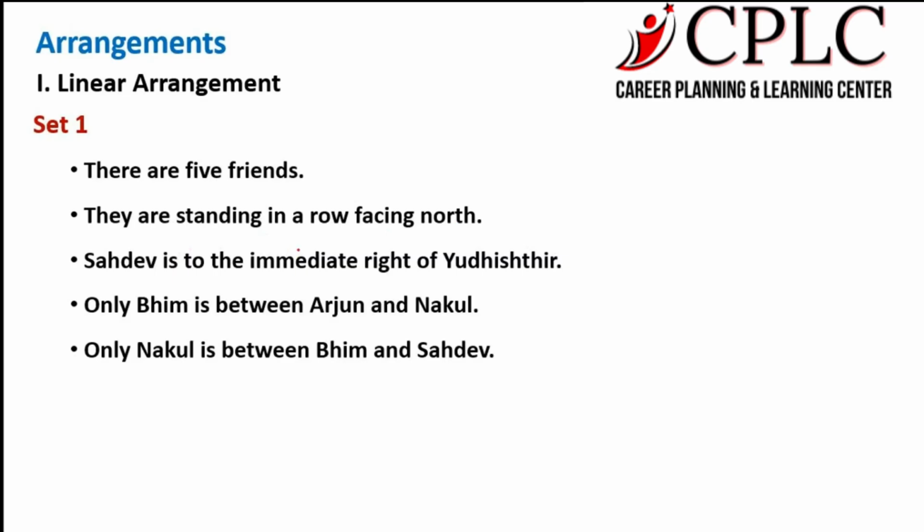The other three below that are very important to figure out the arrangement, like who's beside whom and who's between whom. So the first one is the correct answer, which is useless. I hope you understood this set. If you have not, please watch this video one more time.